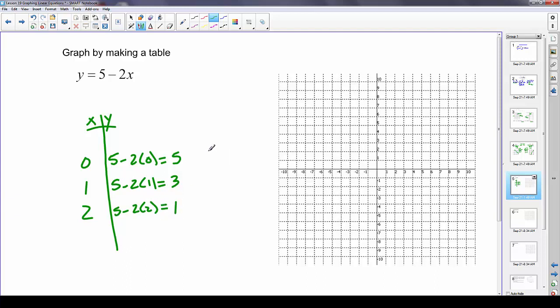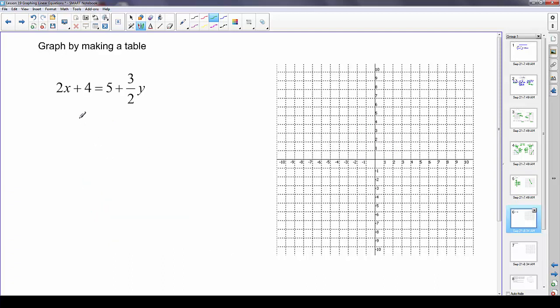So I have the following points: 0, 5, 1, 3, and 2, 1. And you'll notice these points seem to be in a linear fashion. I connect the dots, continue on out, and there's my graph.